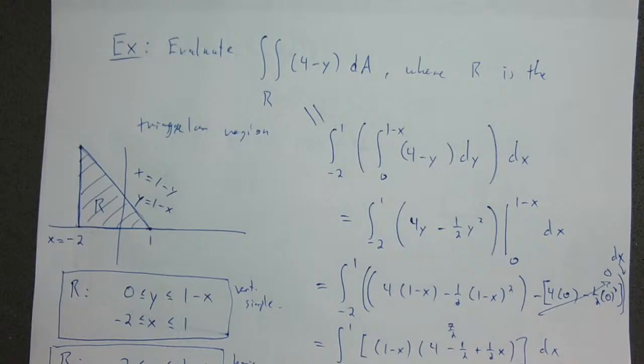So that forms a solid region in space. Compute the volume of that solid region. Well, in order to compute that volume, you would have to evaluate this integral. So that's exactly what this integral tells you. It tells you the volume of the solid region in space, bounded below by this triangular region in the xy plane, and above by the graph of that plane, z equals 4 minus y.